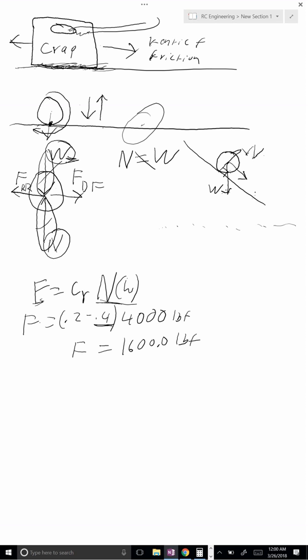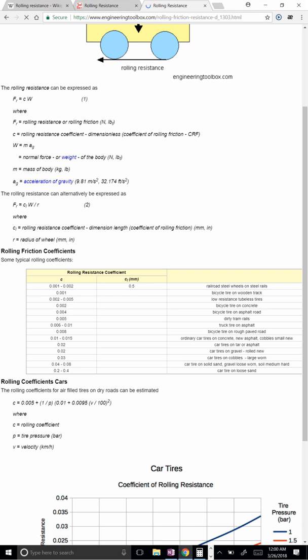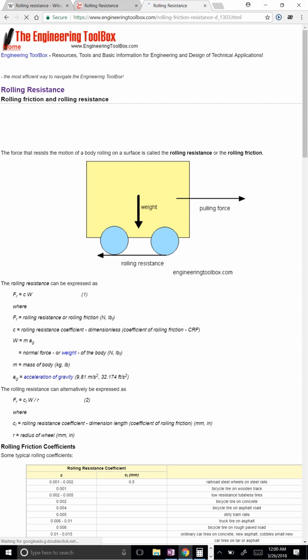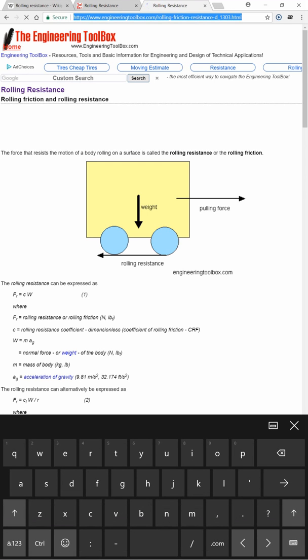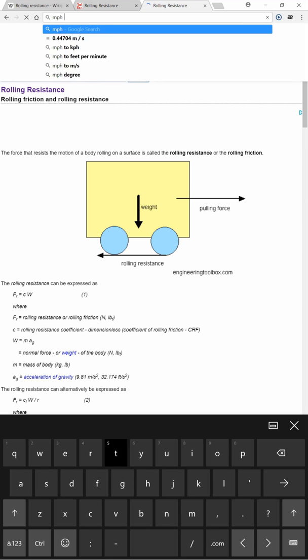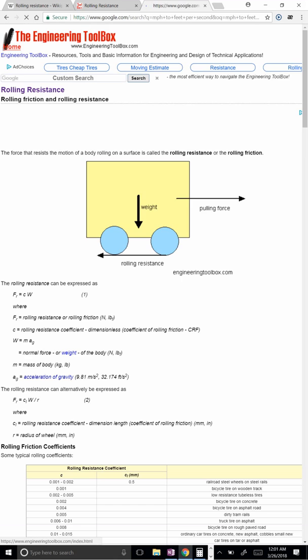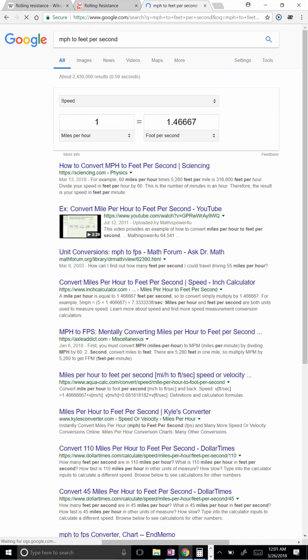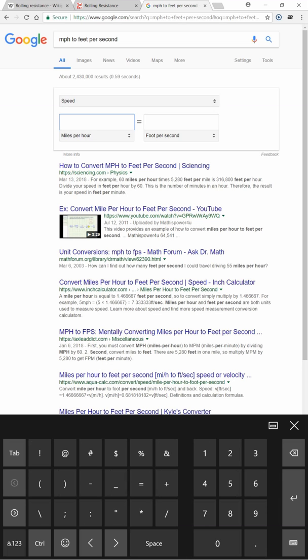Let's just do some math on here with bigger numbers than on an RC car. Actually, we'll probably do another one.